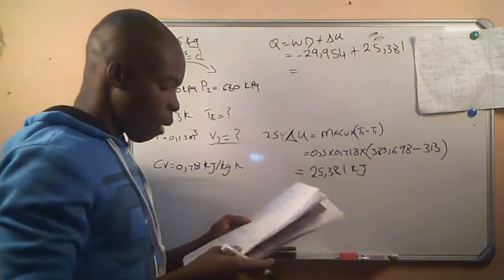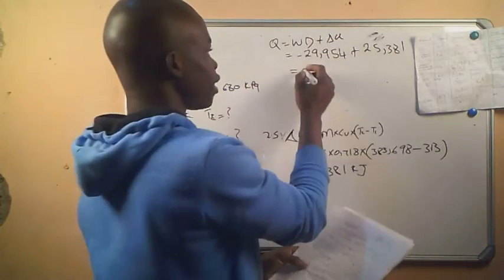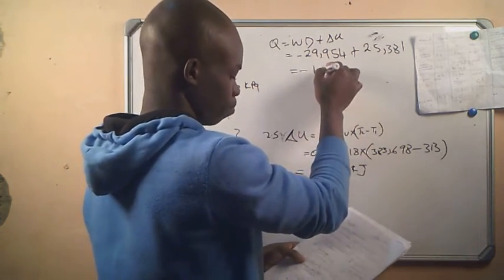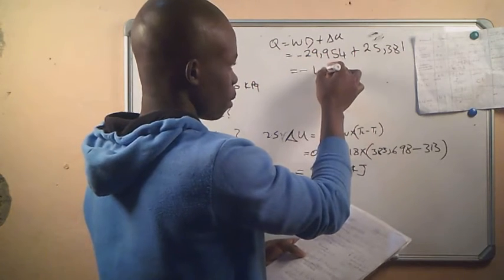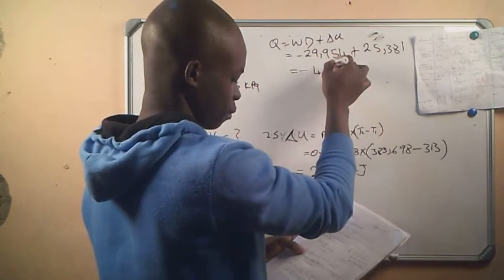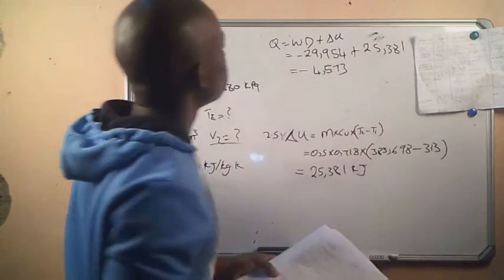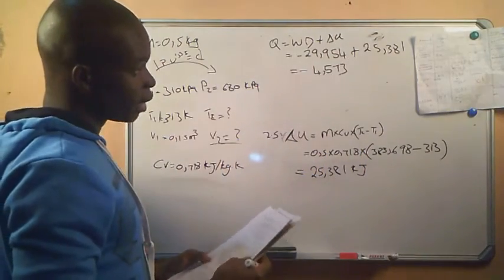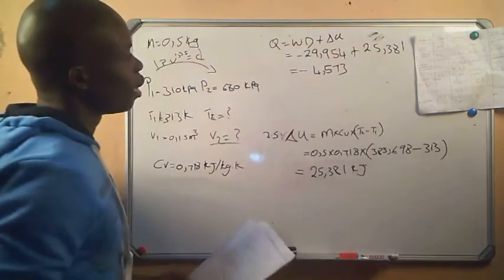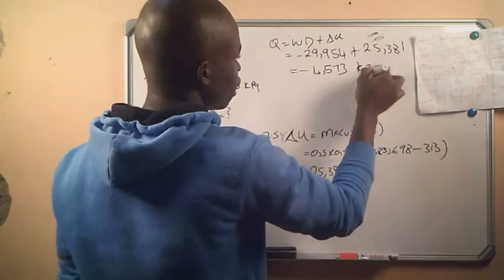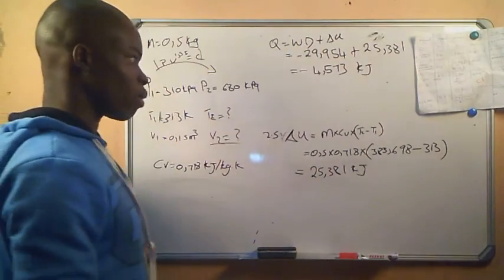Then we get our answer as negative 4.573. That is the heat rejected, represented by this sign. The minus sign tells us that the heat was rejected.